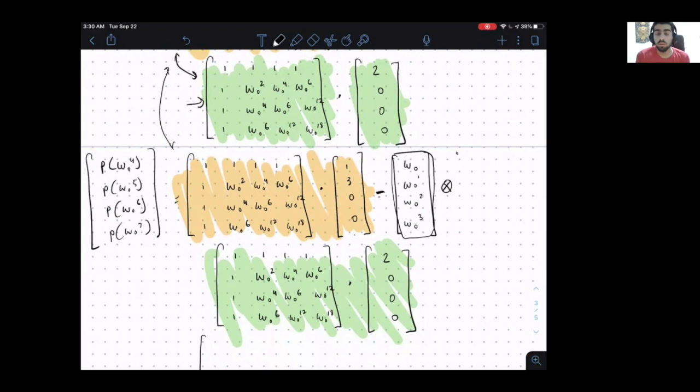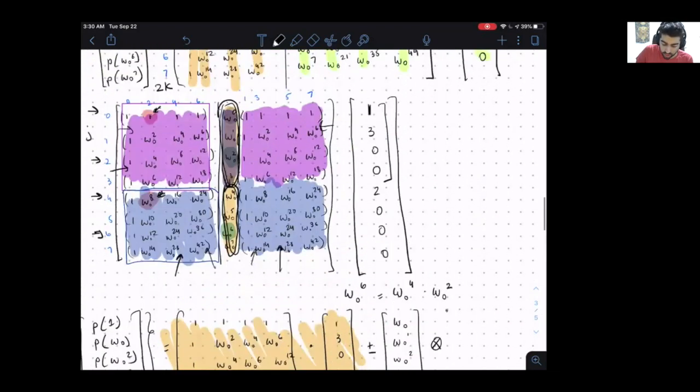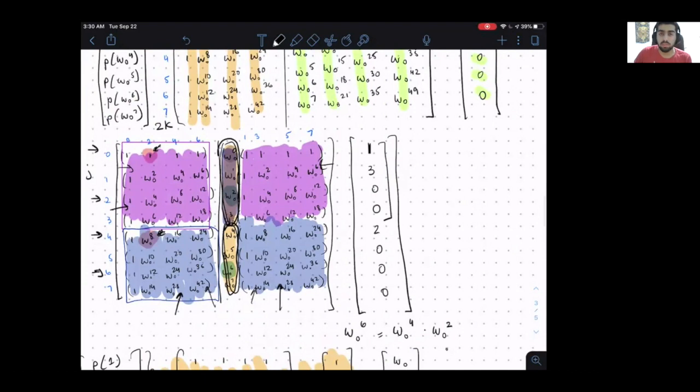So that whole long-winded process told us that in order to compute this entire product of this Vandermonde matrix with this coefficients vector, we only need to do two subproblems of exactly half the size in order to reconstruct the original matrix multiplication.